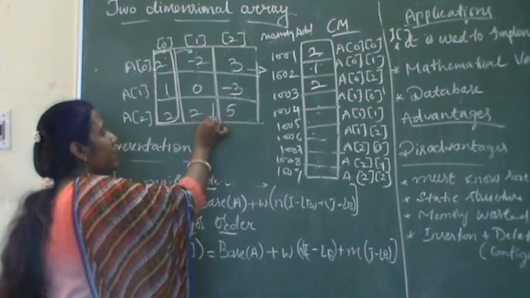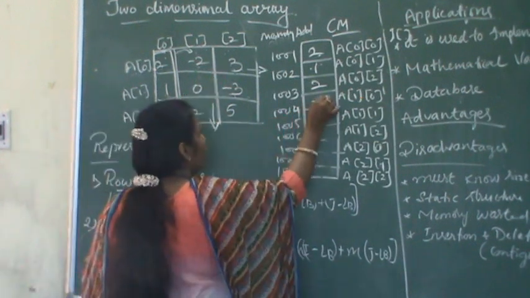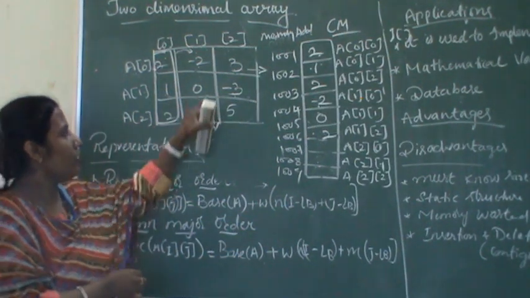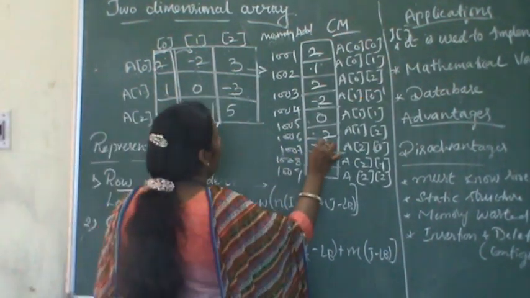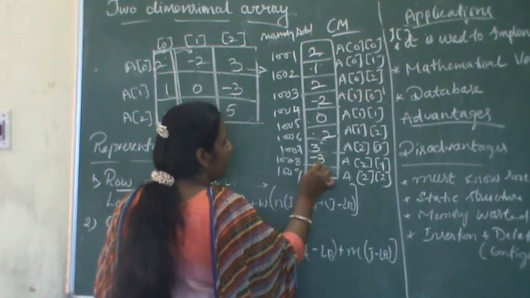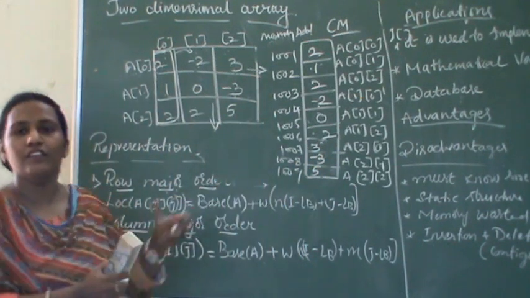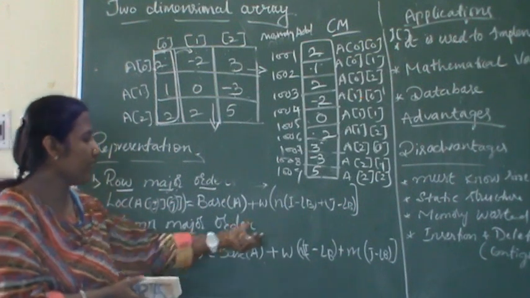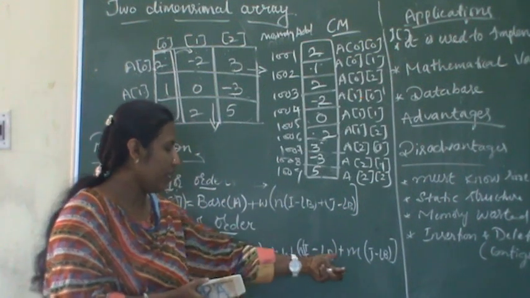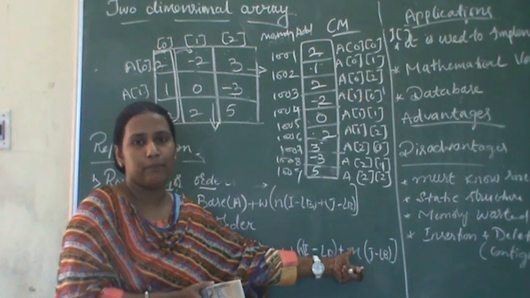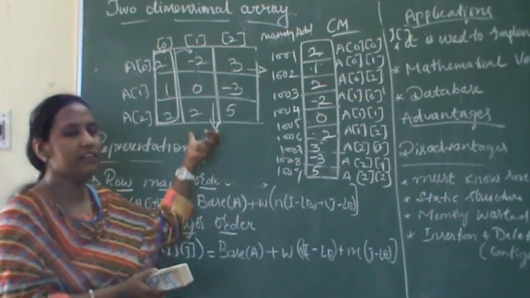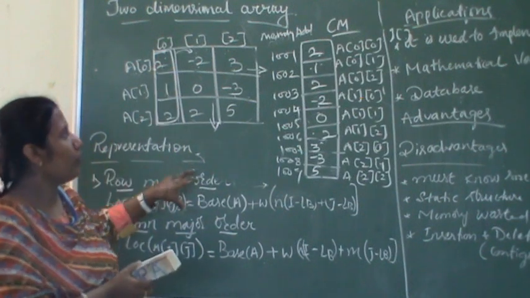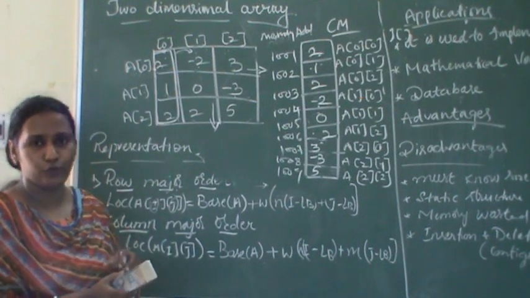Then it will take the next column values, that is -2, 0, 2, which are the second column values, and the third column values will be 3, -3, 5. So this is the column major order. Here the formula remains the same, only in case of the lower boundary it takes particularly the column values. So this is about the memory representation of a two-dimensional array.